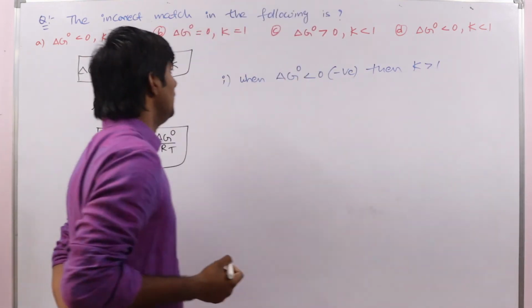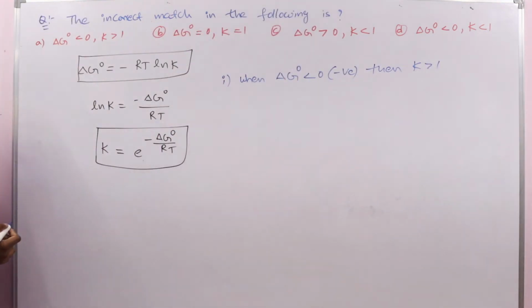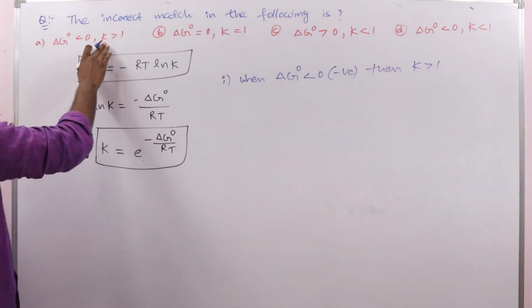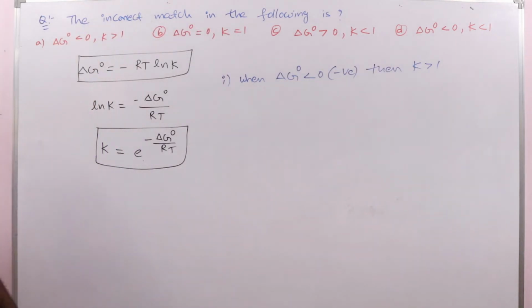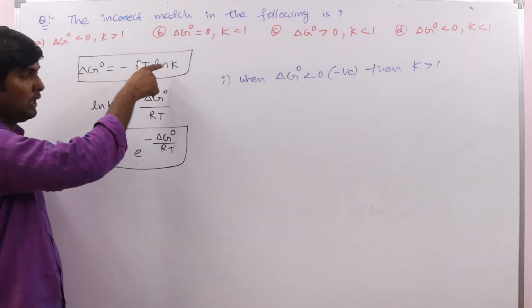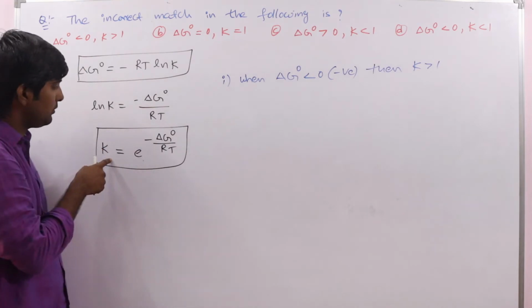Okay, when delta G naught is less than 0, then K is greater than 1. So first option is correct match only. Okay, this is the base relation and we are rearranging this one into this form.